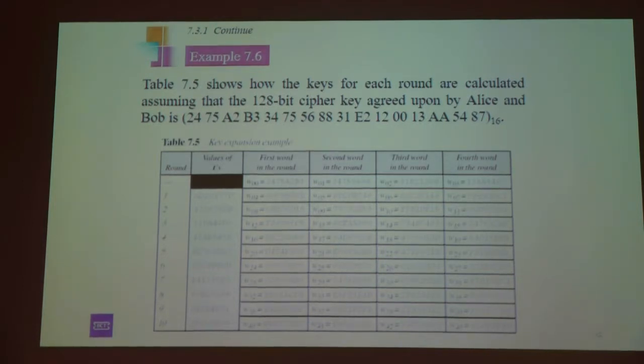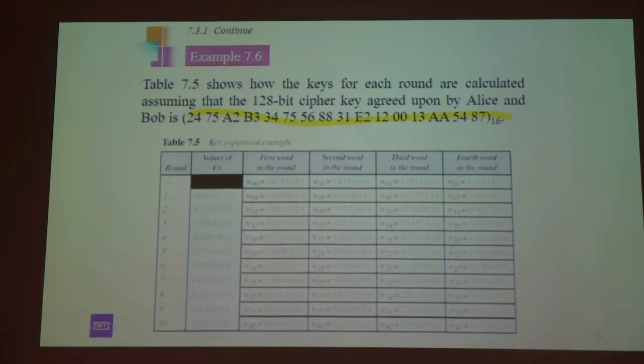Okay, so here we have the key. What is the size of this key? 128-bit, you agree? Yes. Okay. Right away, tell me what is W0? The first 4 words from the key.